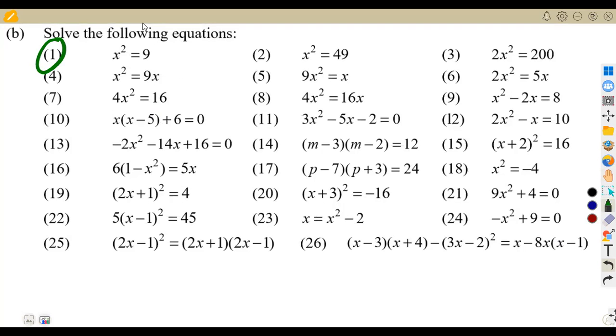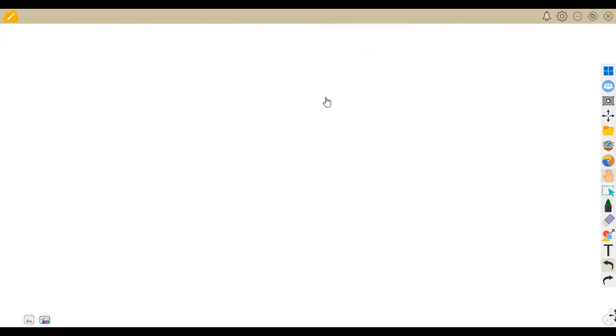All right. This question you're given x squared is equal to 9. There are 2 ways that you can actually answer this question. Number 1, x squared is equal to 9. I need to have x, and there is a square. The square can be removed by introducing the square root.